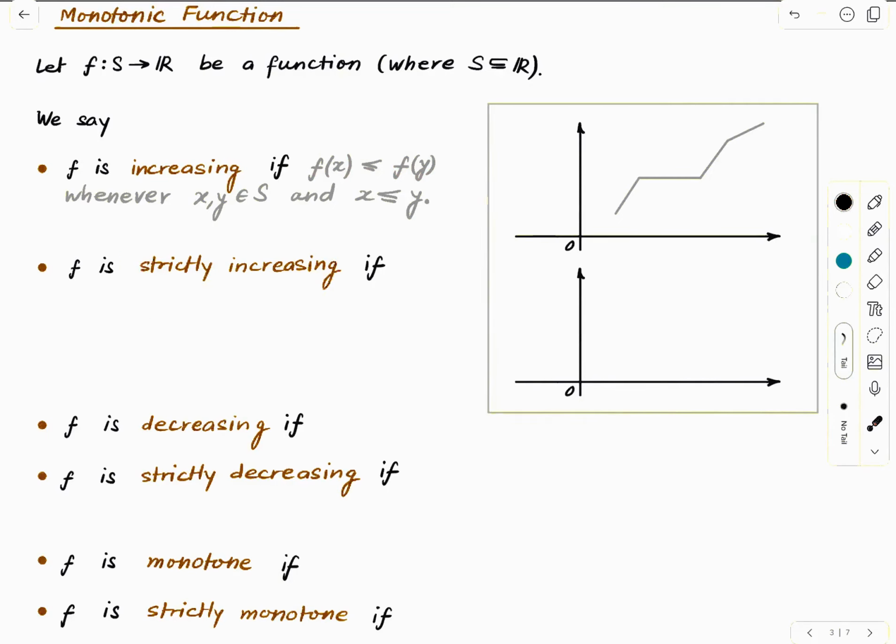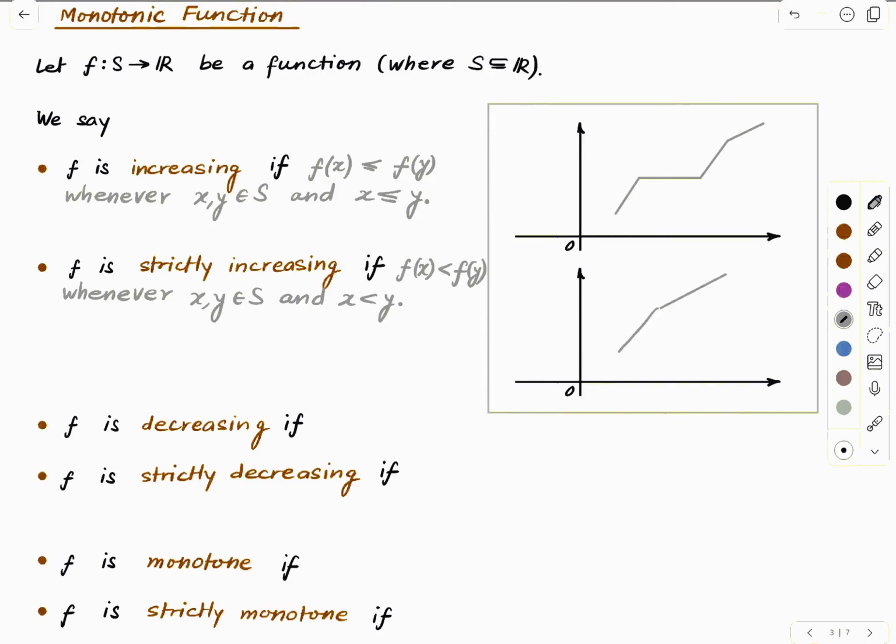So we say f is strictly increasing if f(x) is strictly less than f(y) whenever x and y are in the domain and x is less than y. So that's a strictly increasing function, and one example would be something like that. All right.